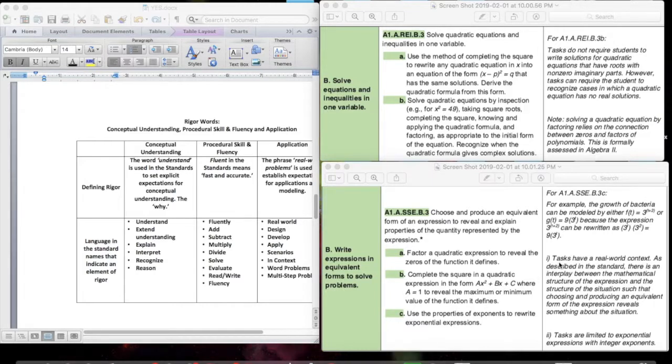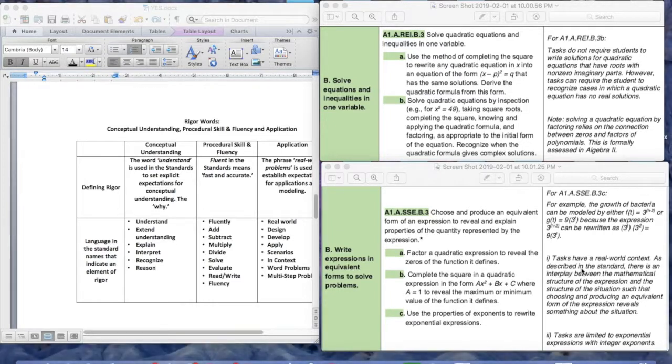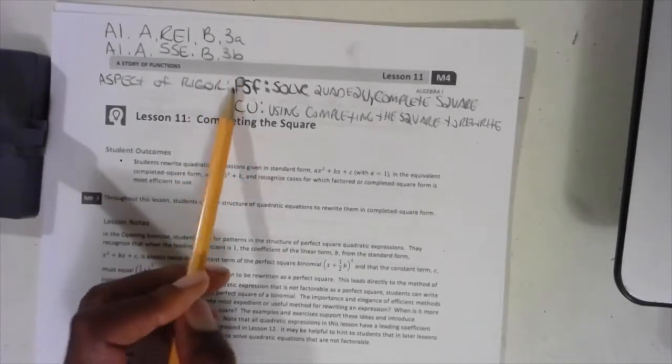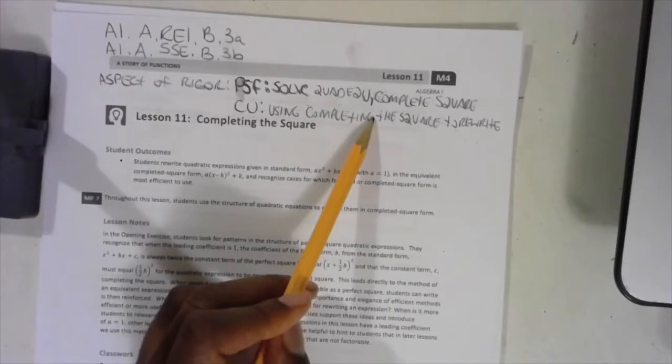And to the right for 3B, it says tasks have a real world context, and we see this star, which lets us know it is a modeling standard, which would say eventually this should be some form of application. Now that we have identified the aspects of rigor, we want to think about in what way.